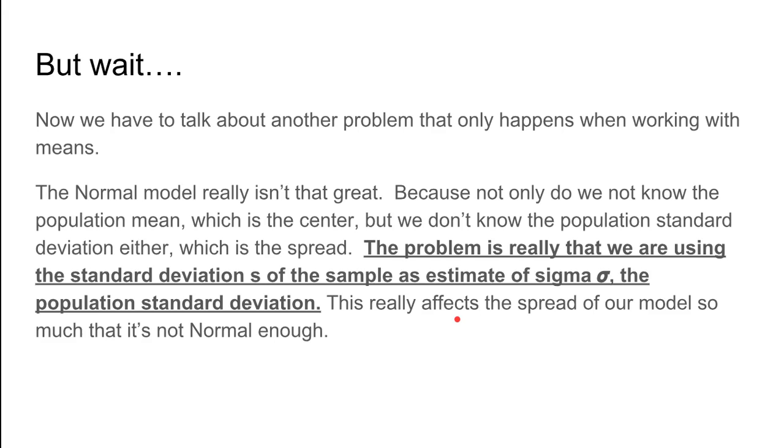So this sampling distribution that I want to think about so I can imagine where that truth may fall, I pretty much can't make it because I don't know enough information. I don't know the center and I don't even know the standard deviation. So the problem is really we are just using the standard deviation S as an estimate for sigma, and that's just really not going to be good enough. This really affects the spread of our model, so it's actually not going to be normal enough.